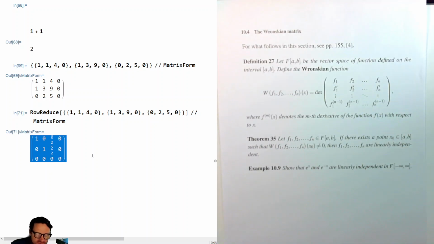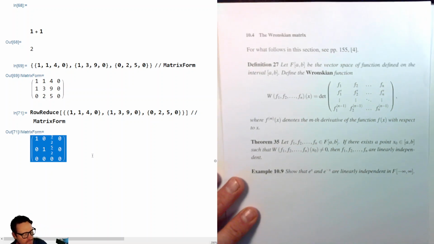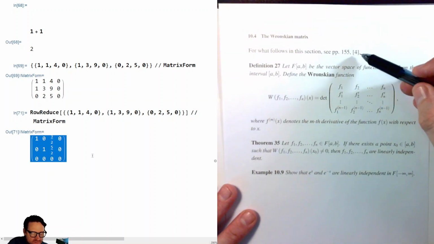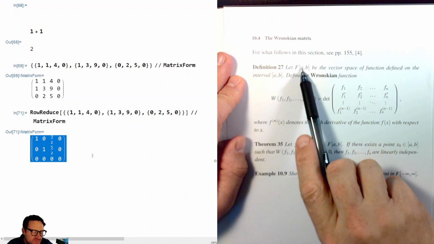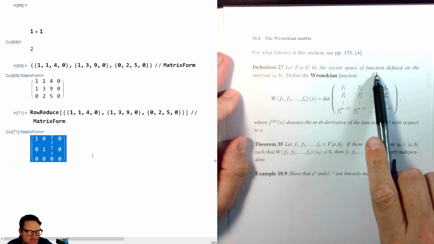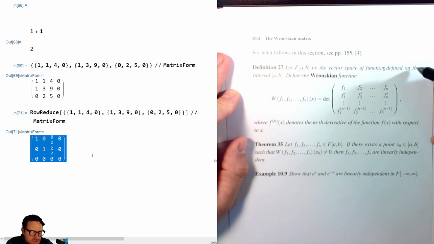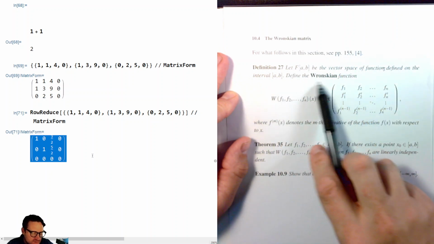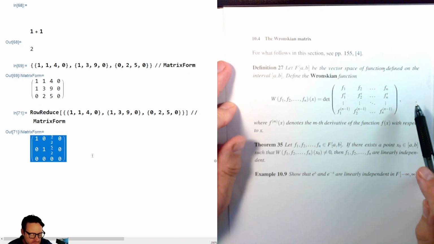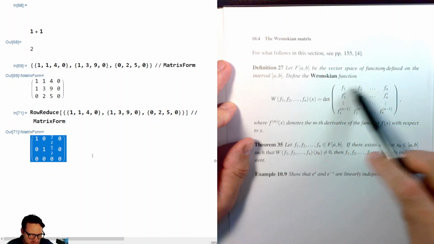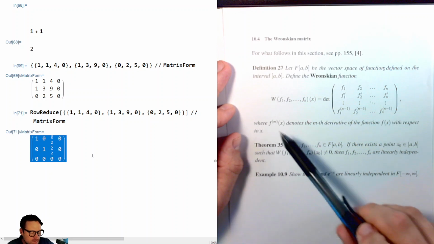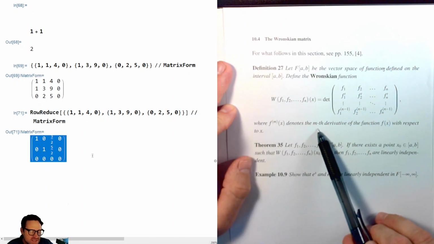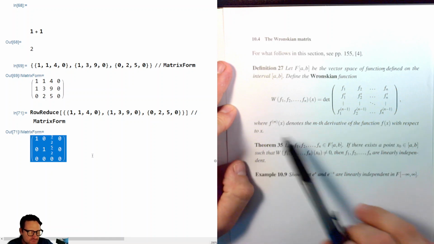The Wronskian matrix. You can see page 155 of reference 4 for this. Definition 27. Let F(a, b) be the vector space of functions defined on the interval from a to b. Define the Wronskian function, uppercase W, to be the determinant of this matrix involving the derivatives of these functions, where f superscript m of x denotes the mth derivative of the function f of x with respect to x.